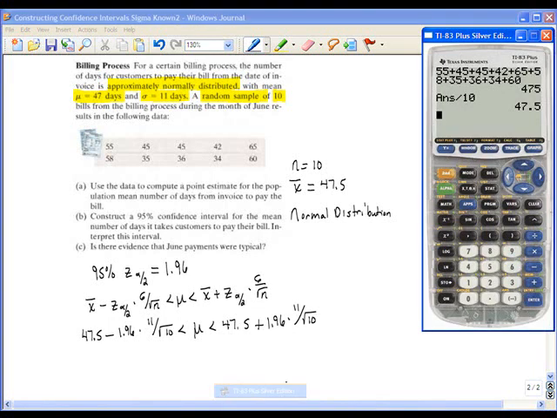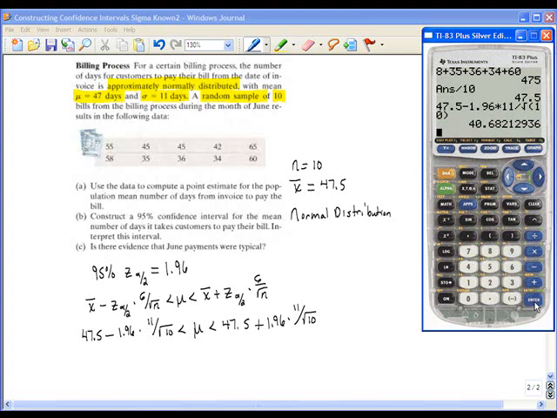We're going to punch this in our calculator now. 47.5 minus 1.96 times 11 divided by the square root of 10.